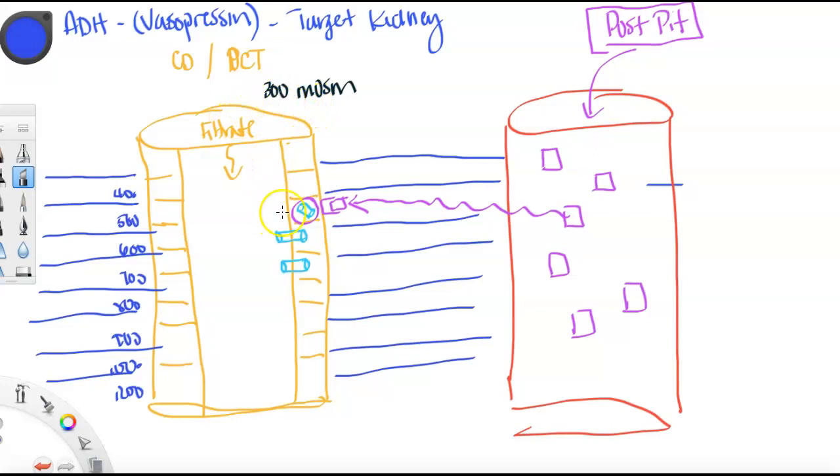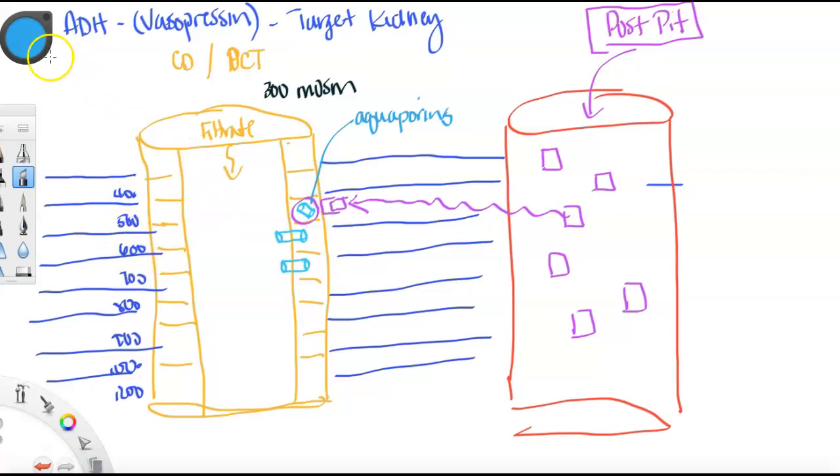And so when ADH is there, it will get these aquaporins, which is what they're called, if you remember that term. And aquaporins are specific to water. So as the filtrate's coming down here, the water's going to leave because it's going to go into this higher concentrated area.